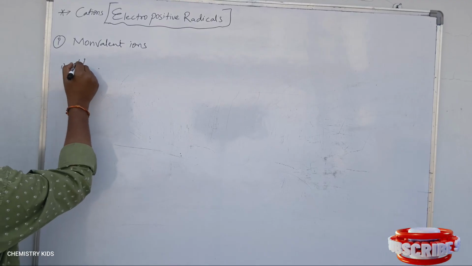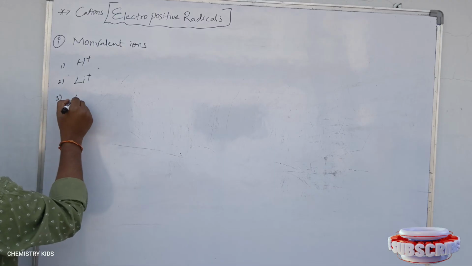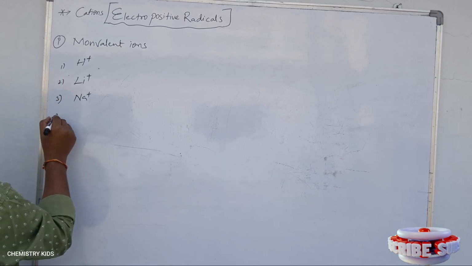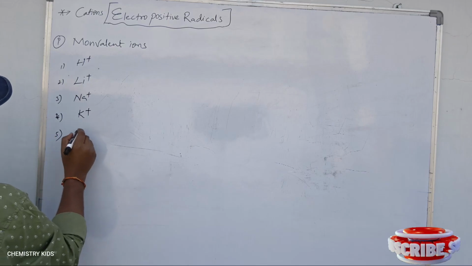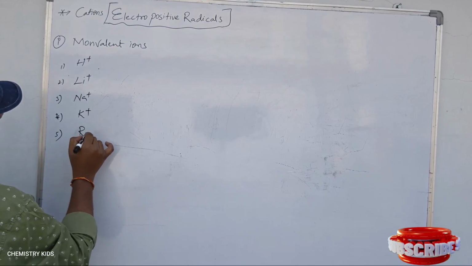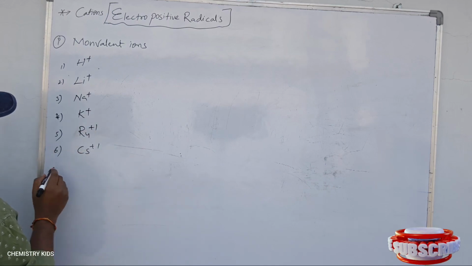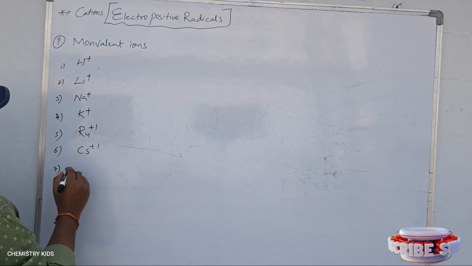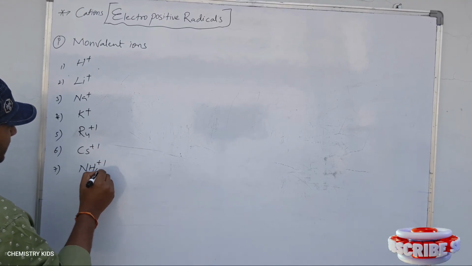The monovalent ions are hydrogen, lithium, sodium, and potassium. The fifth is rubidium, and cesium. Next, ammonium NH4 plus 1.